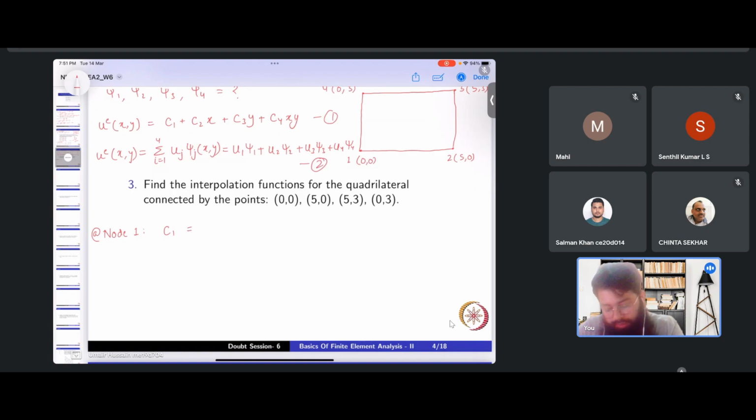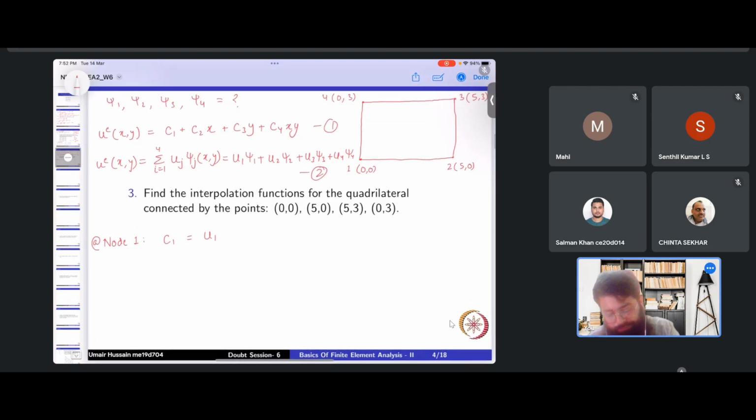Okay, and using equation 2, what should be the value of ue? U1 is equal to c1. Yeah, right. So the value of our solution for this element would be u1 using equation 2 for node 1, right?